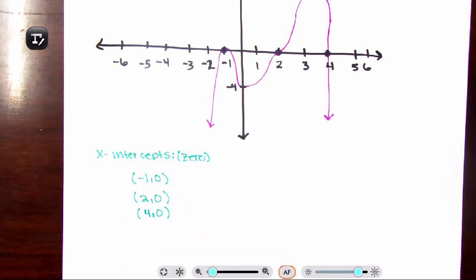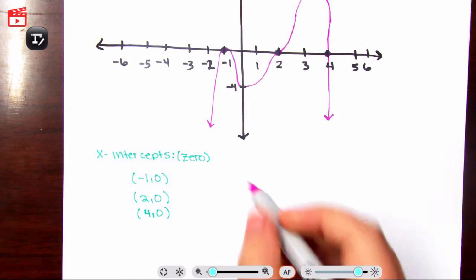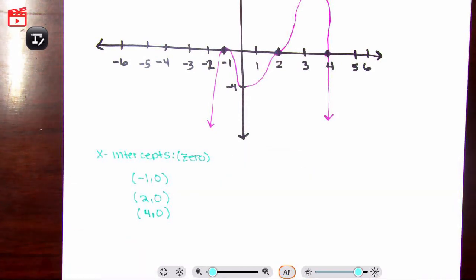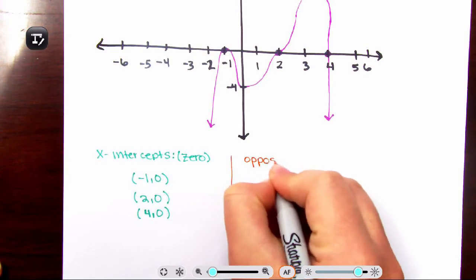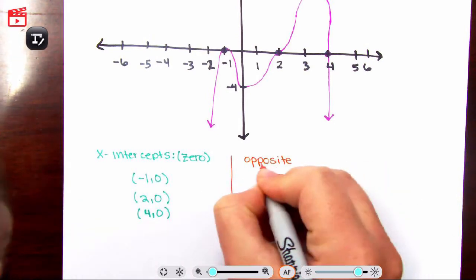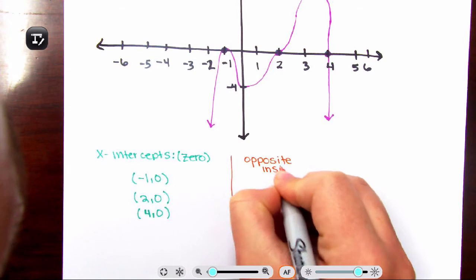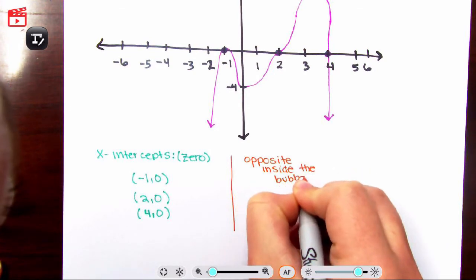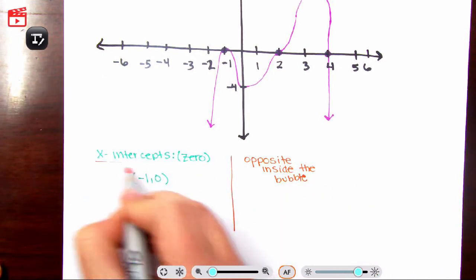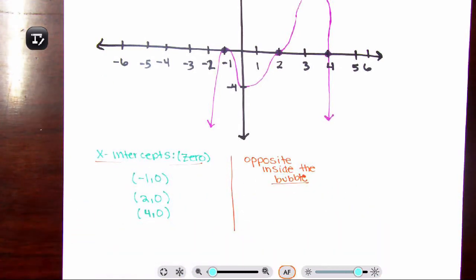Now here's your x-intercepts, here's the opposite of them. Let me try to find a different color. And we're going to go opposite inside the bubble. So x-intercepts, you're going opposite inside the bubble.